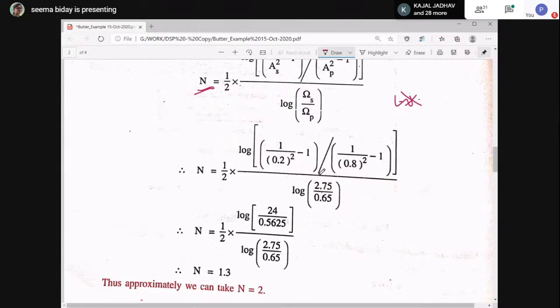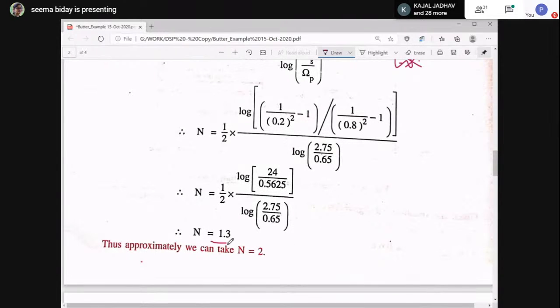Now what is the order of the filter? It is 1.3. You should have practice of calculations. Is it okay? You verify your answers by using a calculator. Otherwise, you will know the formulae but it will take time to calculate. It should not happen like this. Are you verifying the answer?